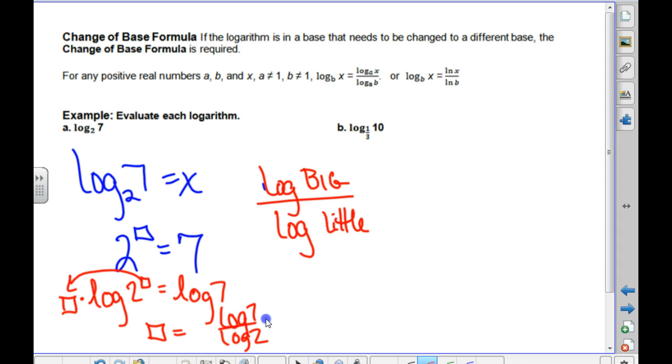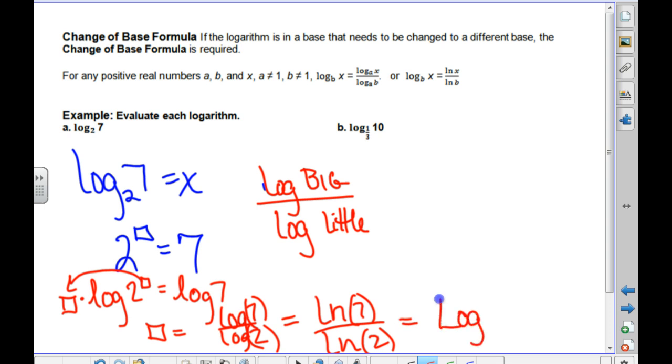So could I have everybody type log 7, close the parenthesis, divided by log 2, and then try ln of 7 divided by natural log of 2. And then if you have a TI-84, I want you to actually find this little form that looks like that.